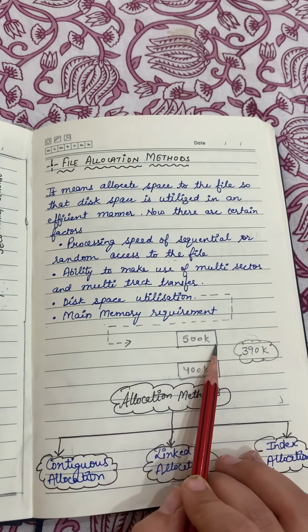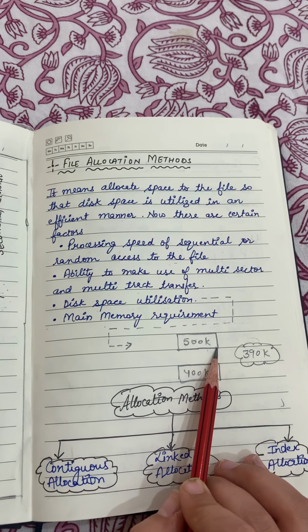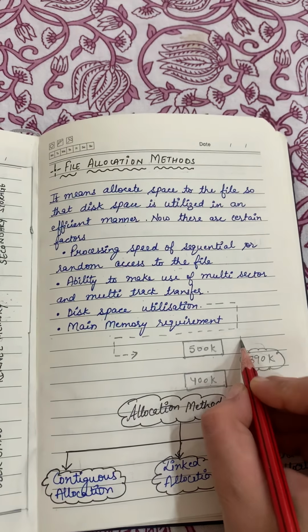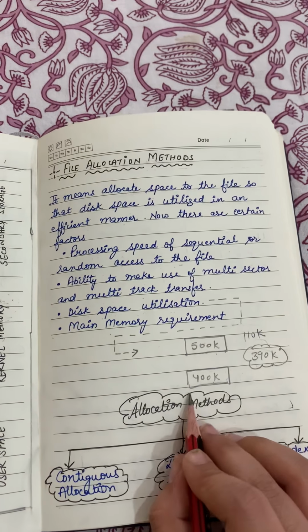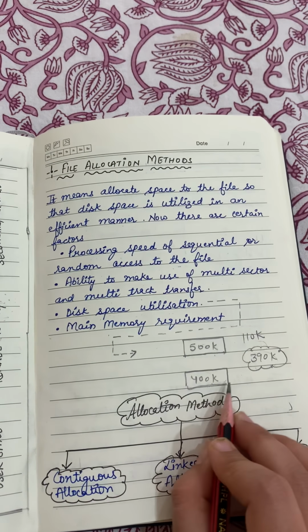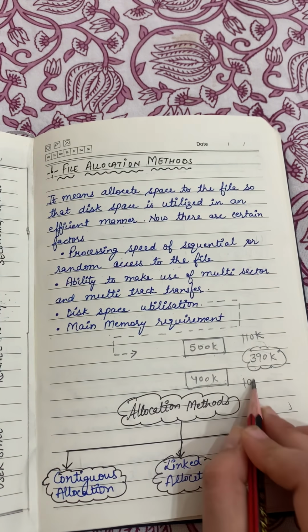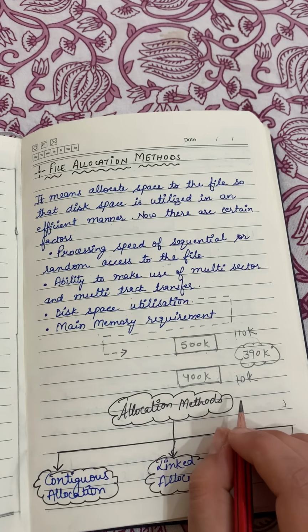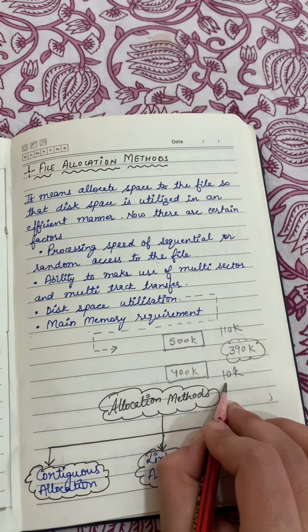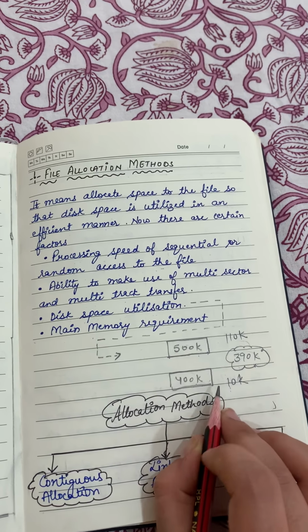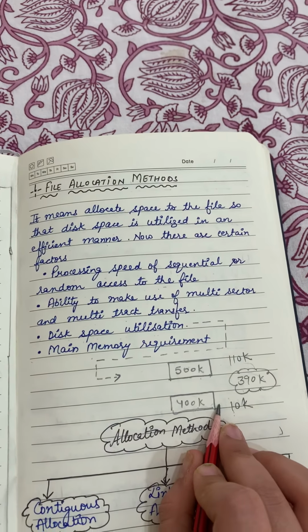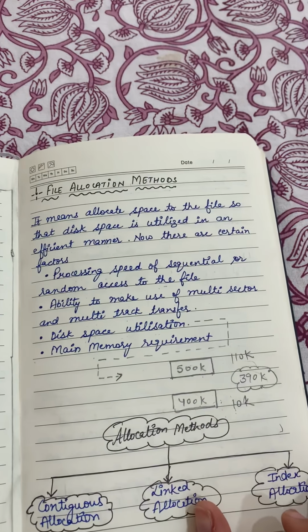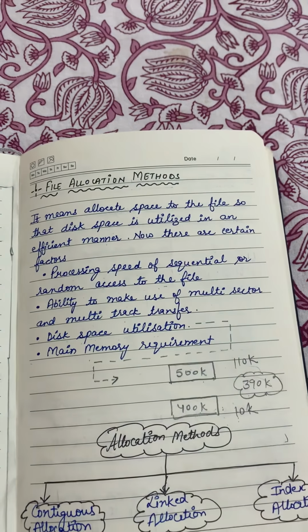So if I choose 500k, that means I am wasting 110k, and if I choose 400k, that means I am wasting only 10k of memory. So it says choose the block in which the disk space is better utilized, in an efficient manner.